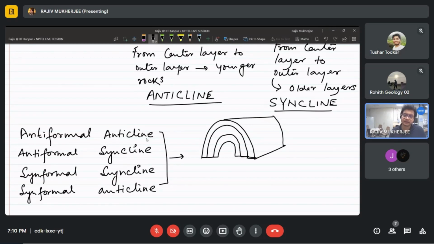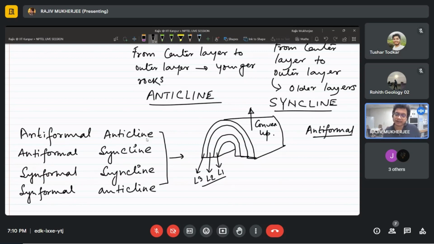Say there are three layers, L1, L2, and L3. Okay. So the form of the fold is convex up. So convex up means it is antiformal, right?